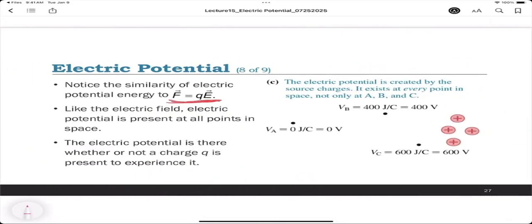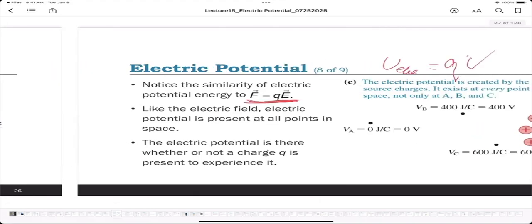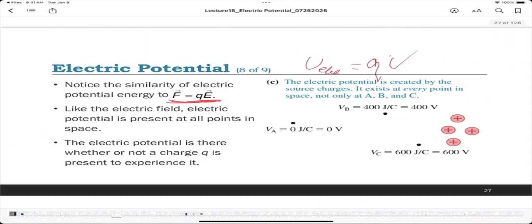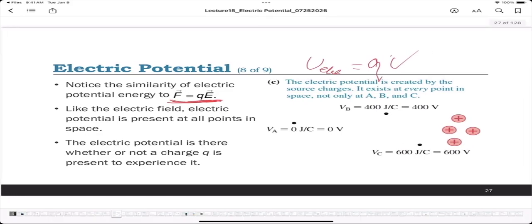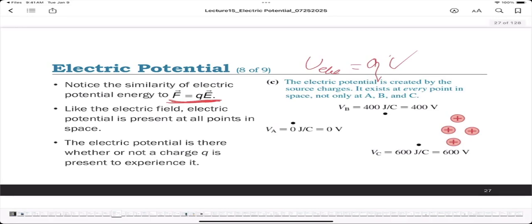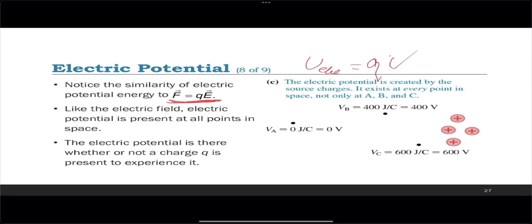We write the equation U electric equals V q, or q V if you want to compare with each other. You can see the similarity of electrical potential energy with Coulomb's law: this is for the electrical force, and this is the electrical potential energy.